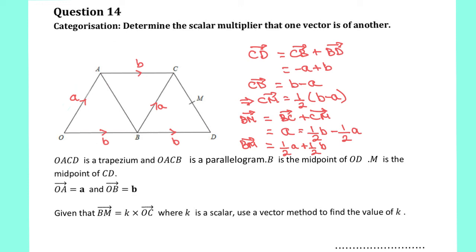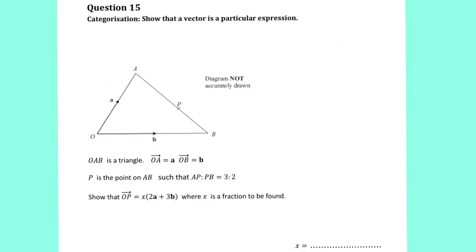Now let's find OC. So OC is equal to a plus b. Therefore, BM is equal to a half of a plus b. Therefore, k is equal to a half. So k equals 1/2.